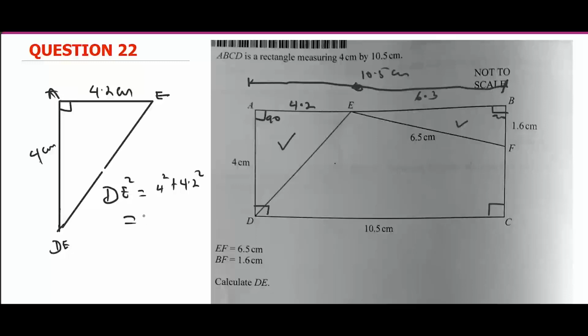So it will be equal to 16 plus 17.64. Okay, if you add these two together, that will give us 33.64. Okay, so if you take the square root of this, that will give us the value of our DE.